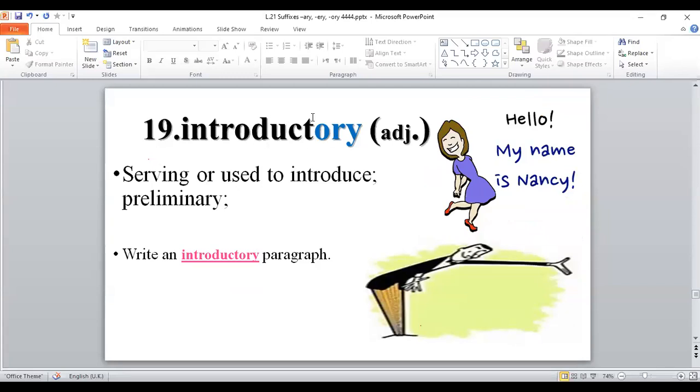Introductory means serving or used to introduce something. Like when I say, you have to write an introductory paragraph before the three body paragraphs, or the teacher gave us an introductory speech or an introductory story about the author who wrote this story.